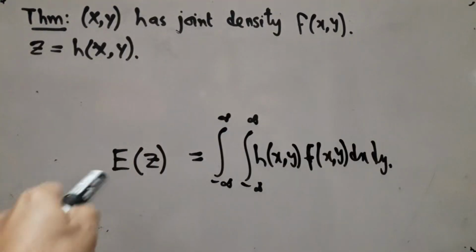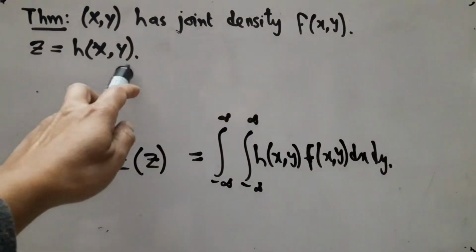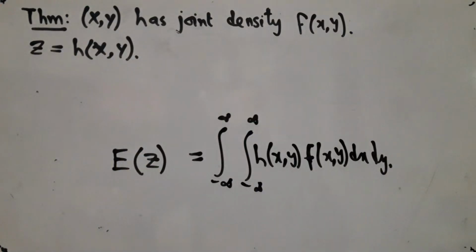Now this particular formula is very much similar to the univariate case. Unfortunately, this does not always hold. Even in the univariate case, it does not always hold. One condition when it holds is if z is always non-negative. If it is not non-negative, we have to go into all the hassle of z plus and z minus. But this theorem is going to give you another condition under which also you can use this.